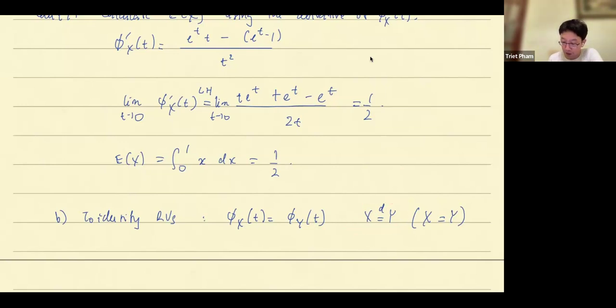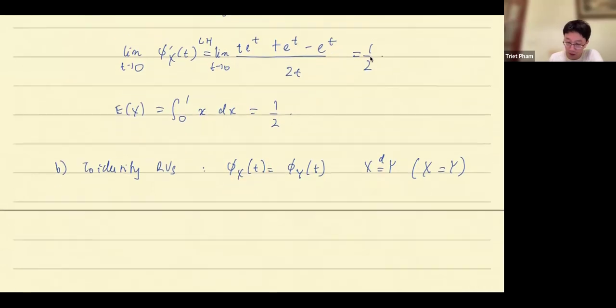So basically it says that if you can identify the moment-generating function of a random variable, then you can tell what it is.